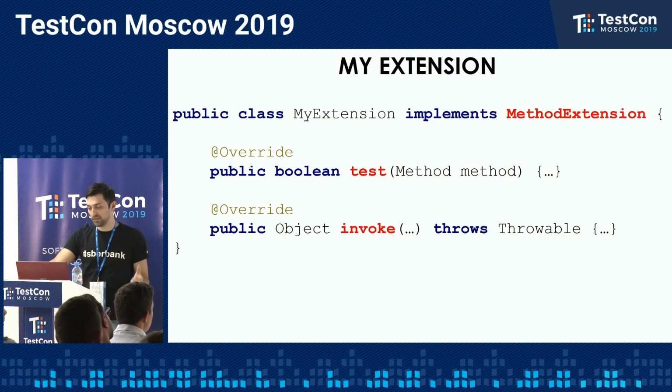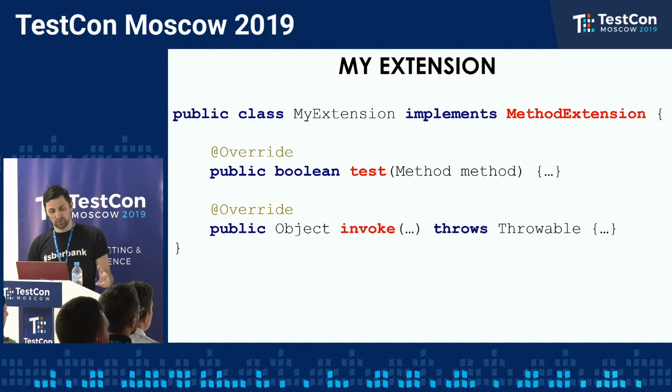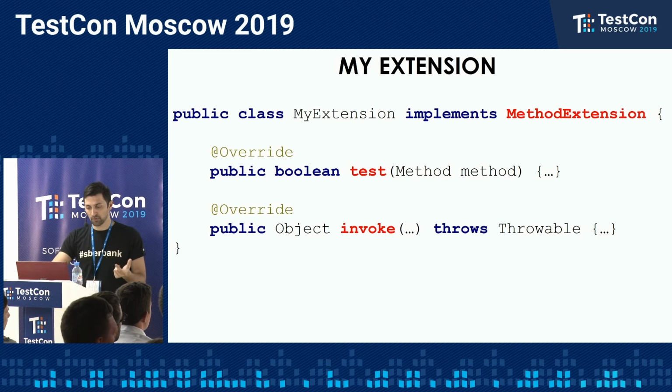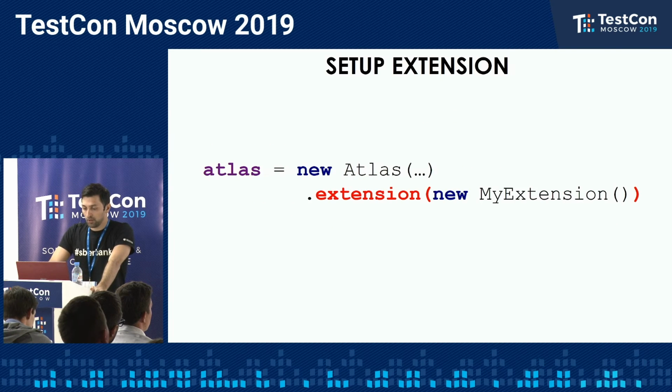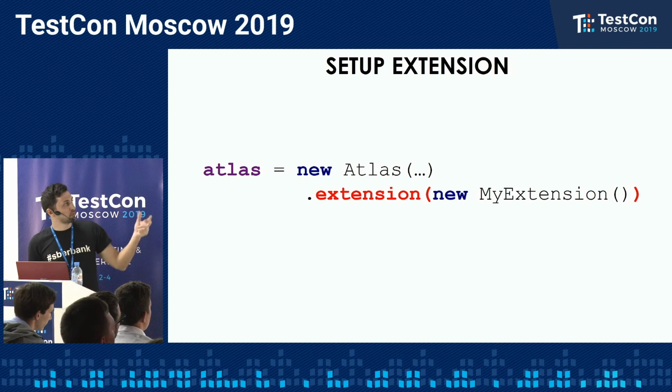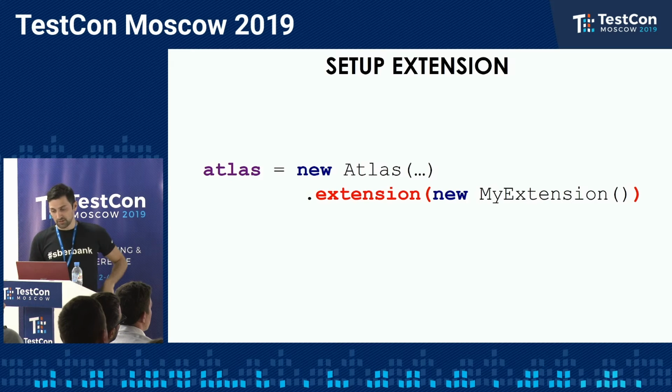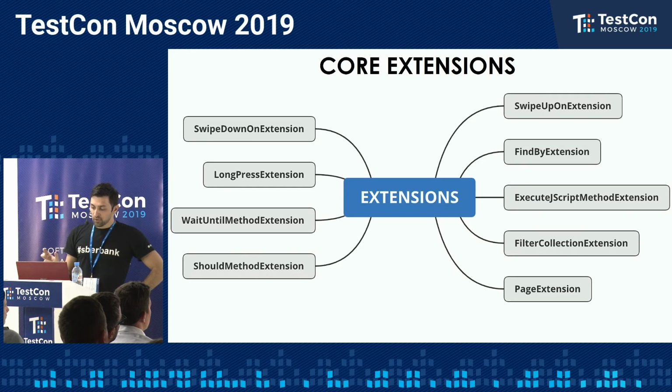So the first thing you need to do is implement the method extension interface. You redefine the test and invoke methods. The test method checks that we redefine this method, and invoke injects the logic. Then, when we initialize Atlas, we add them.